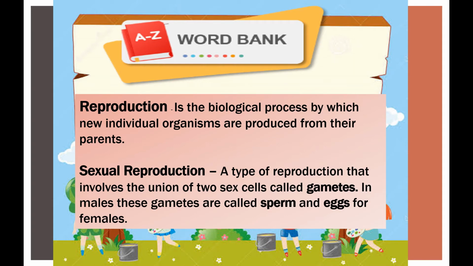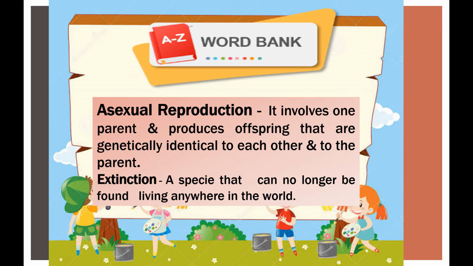We have also sexual reproduction, a type of reproduction that involves the union of two sex cells called gametes. In males, these gametes are called sperm and eggs for females. Another, asexual reproduction, it involves one parent and produces offspring that are genetically identical to each other and to the parent.